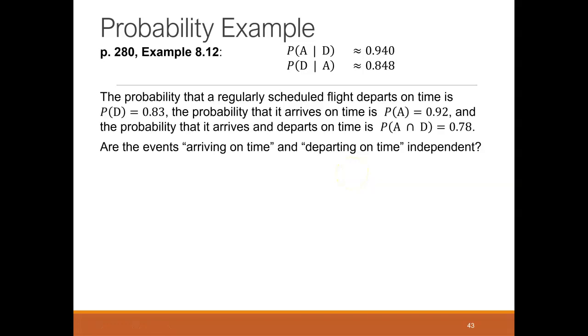All right. Let's go back to this example here. So it's the same airplane flights thing. Are the events arriving on time and departing on time independent? What would we need to do to check that? You could do it a couple of different ways.